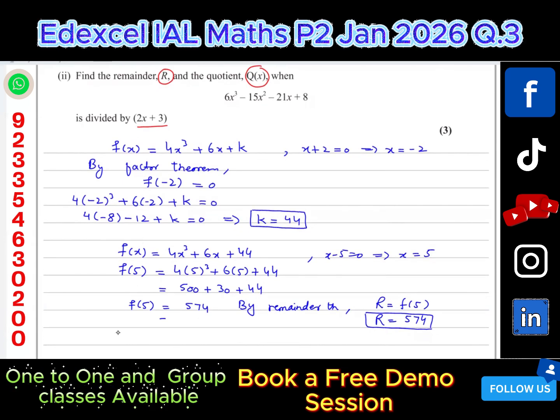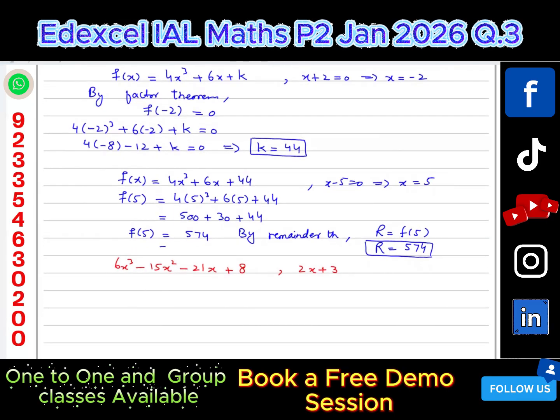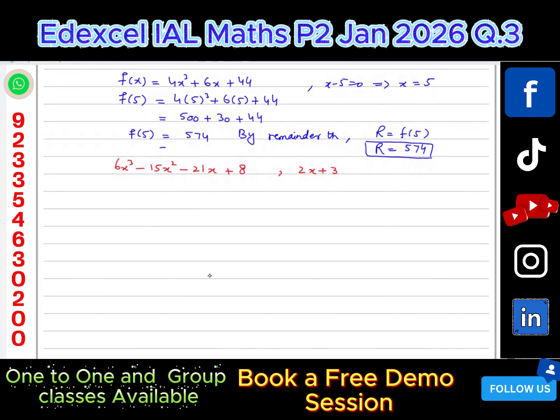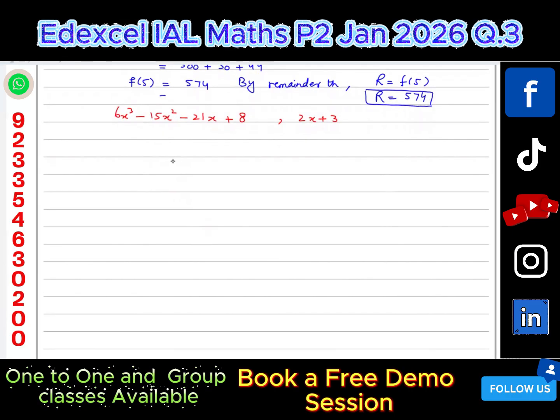The polynomial is 6x cubed minus 15x square minus 21x plus 8. And we have to divide this polynomial by 2x plus 3. Now take the dividend and the divisor. 6x cubed minus 15x square minus 21x plus 8 divided by 2x plus 3.